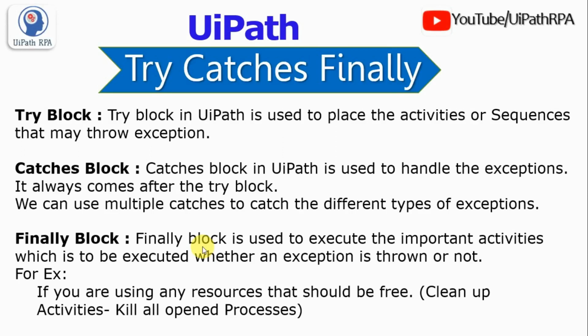So all of that should be written in the finally block. It means whether you are getting an error or not, your finally block will be executed. If you put any activities in that finally block, those steps will be executed.